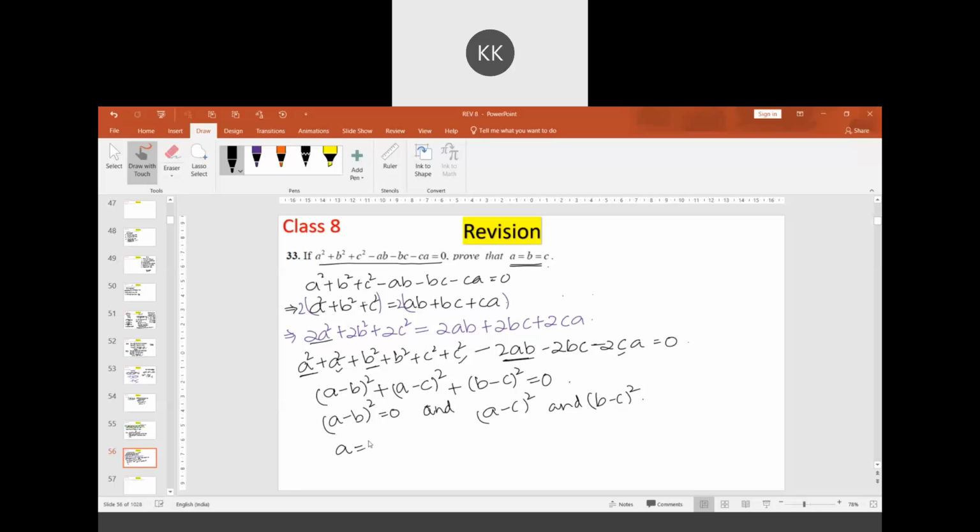So A will become equal to B, A will become equal to C, and B will become equal to C. Therefore, A will be equal to B will be equal to C is equal to 0. Something you understood?